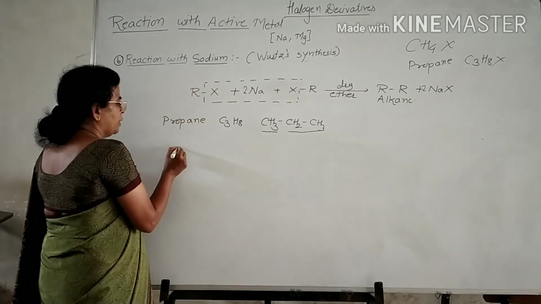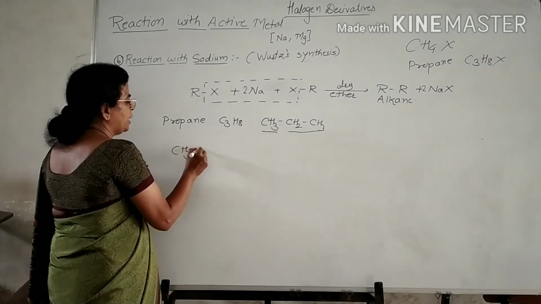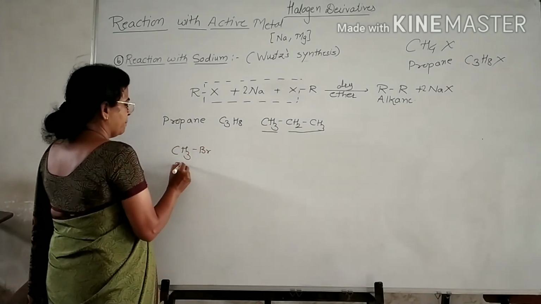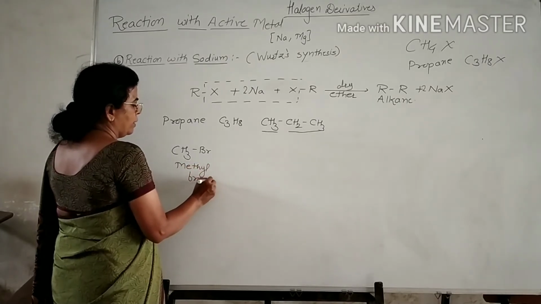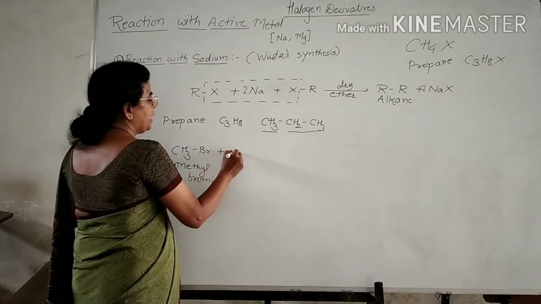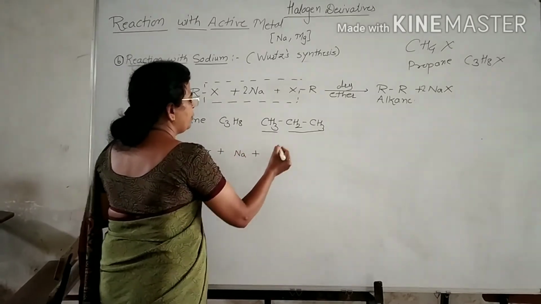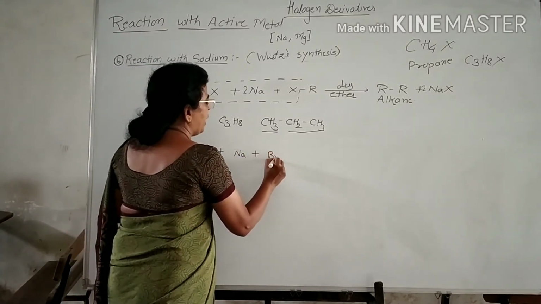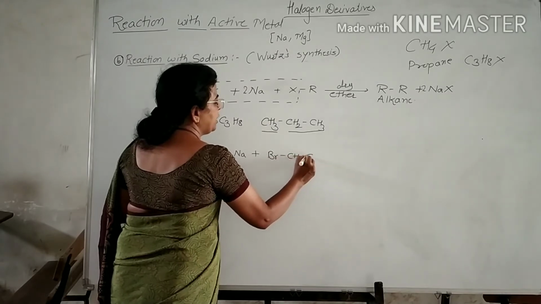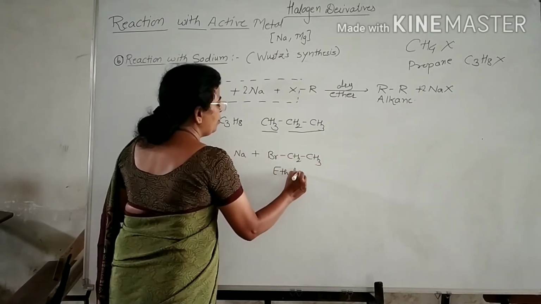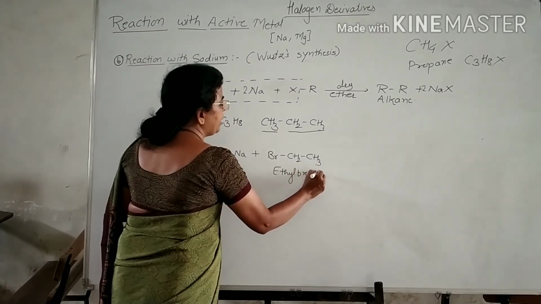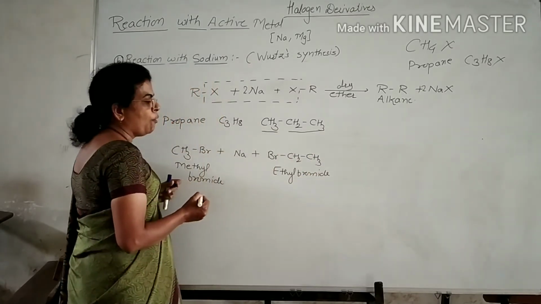For example, if we take CH3Br, that is methyl bromide, and second we use ethyl bromide, that is CH3CH2Br. That is, we have to use two different alkyl halides for the preparation of propane.